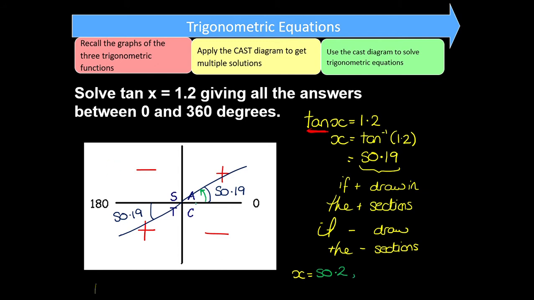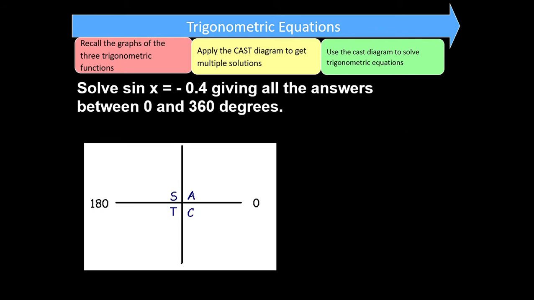For the second solution, again, starting at 0, how far have we turned? Well, getting to this line here gets us to 180. So if I do 180 plus my 50.19, again, now I'm going to round it to 1 decimal place for my final answer. I get 230.2. So do make sure if you need to make extra notes or you want to have a go at some of the questions before me that you do pause the video.